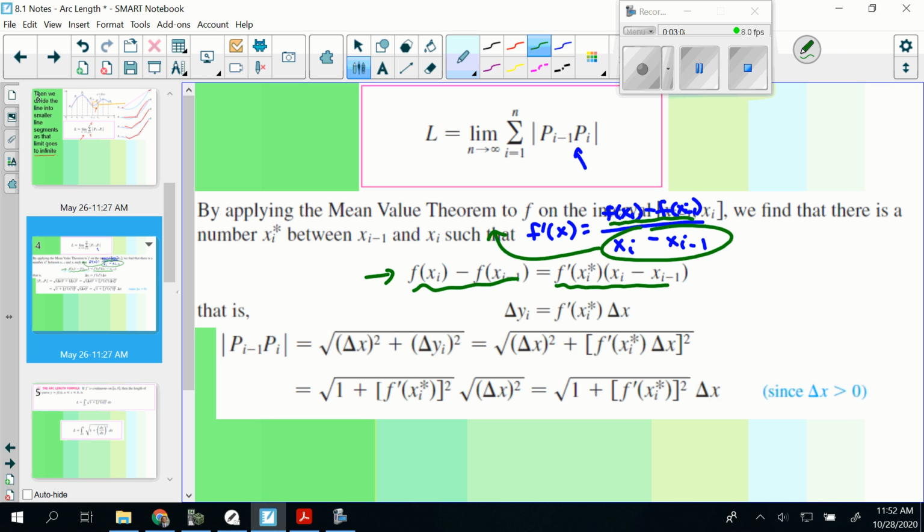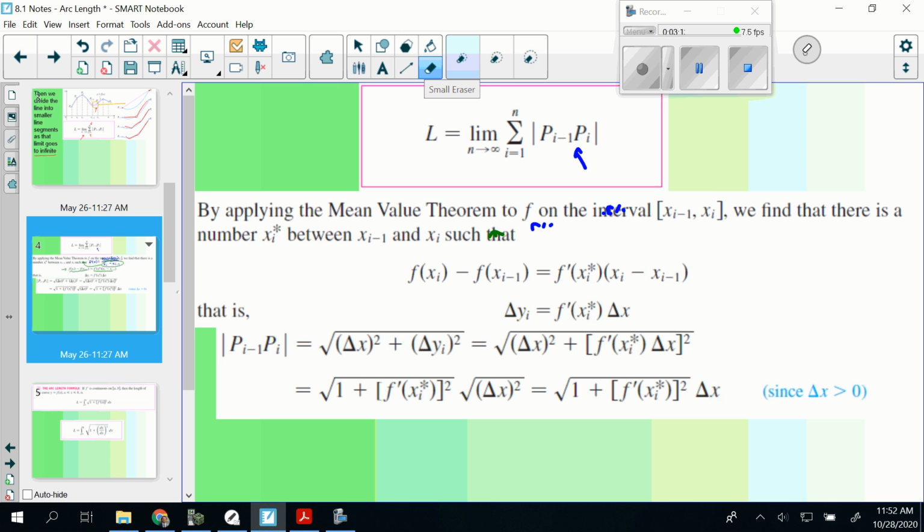Next, what we know is the difference of our x's is our change in x. Another way to write f is your y value, so that's our change in y.